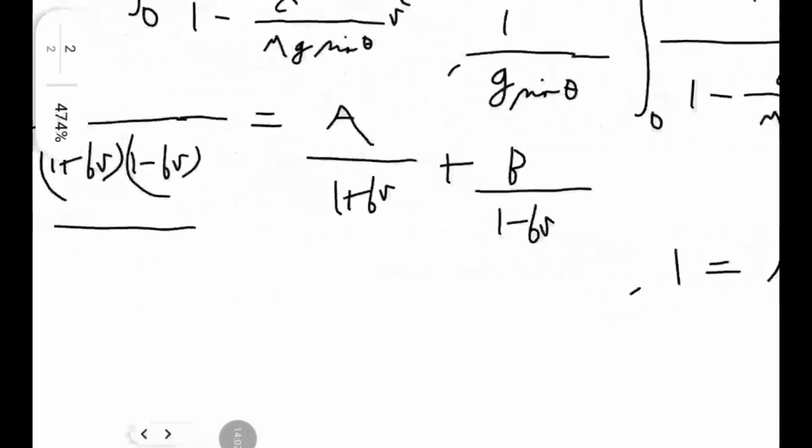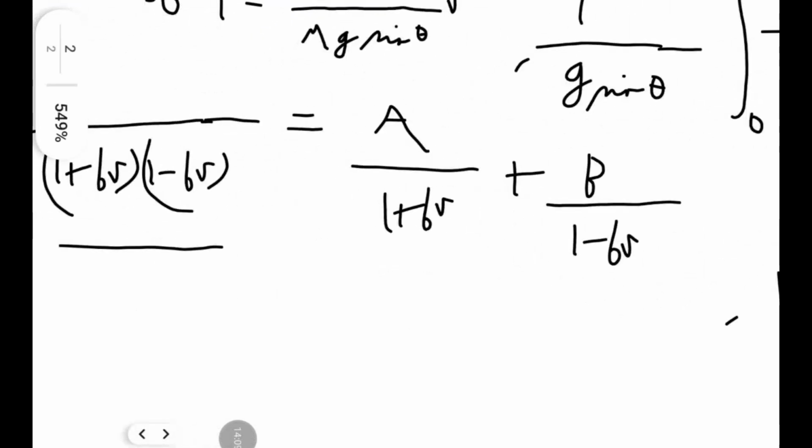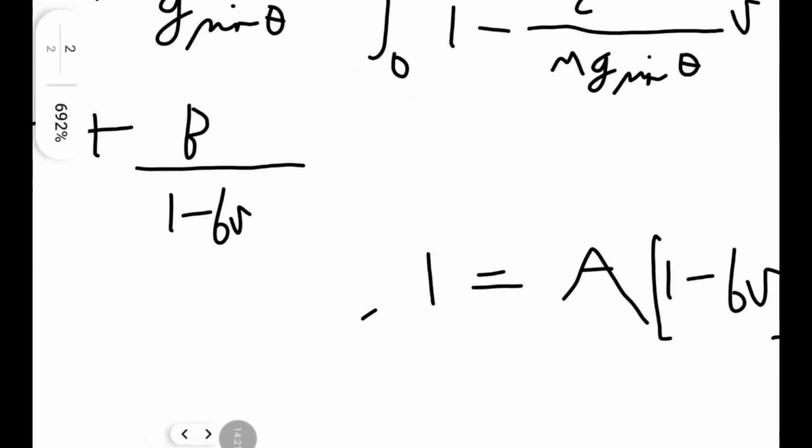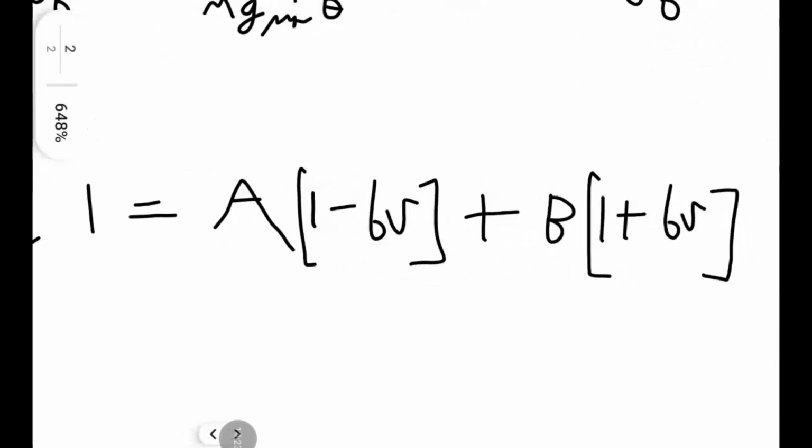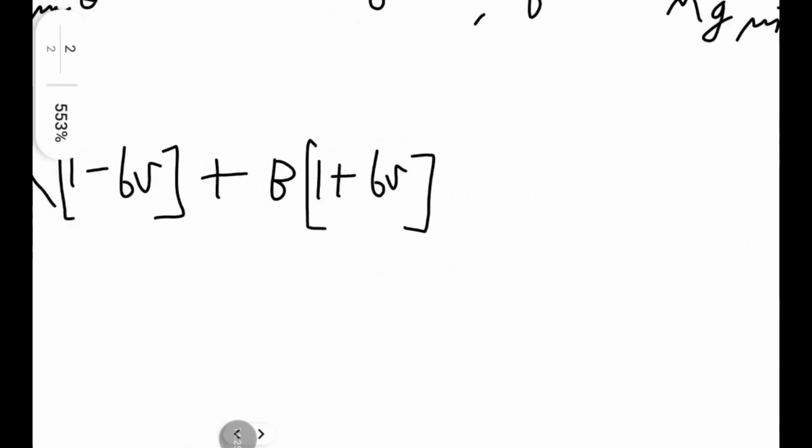The reason why is when you times everything by that, the 1 plus bv is going to cancel, and it's going to be A times 1 minus bv, and the 1 minus bv is going to cancel, and it's going to be B times 1 plus bv. So you get into this format here, which is an equation to solve.